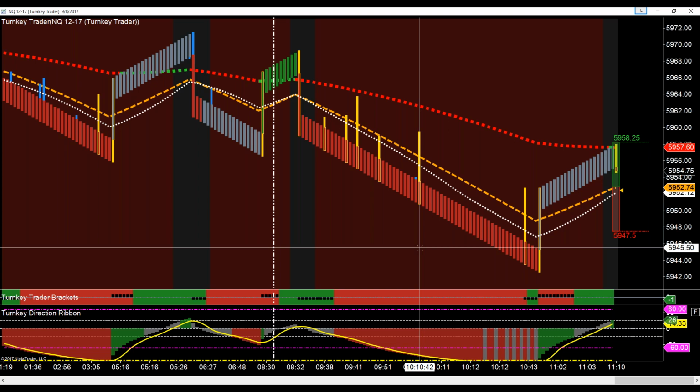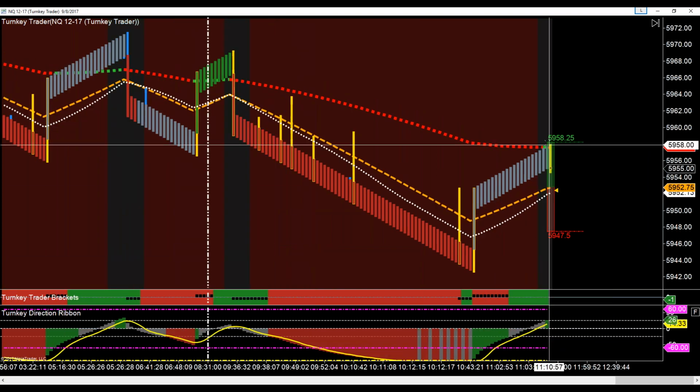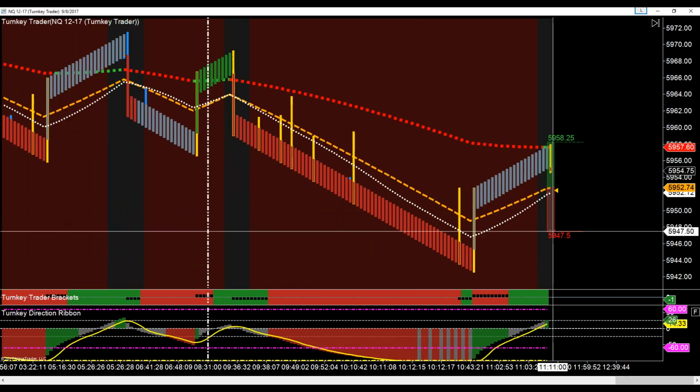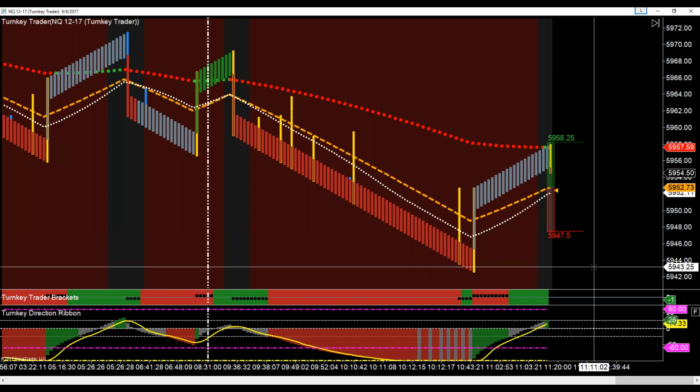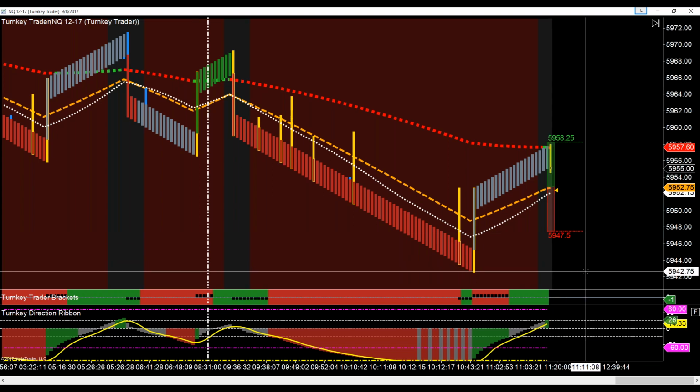When they don't come from an extreme, they are a bit more risky. I don't like to risk my stop when it's a bit too risky and the trend hasn't really been established very long. What I would like to see is this reverse, and then on this next trend, that's when I would be more eager to hop in a trend trade.